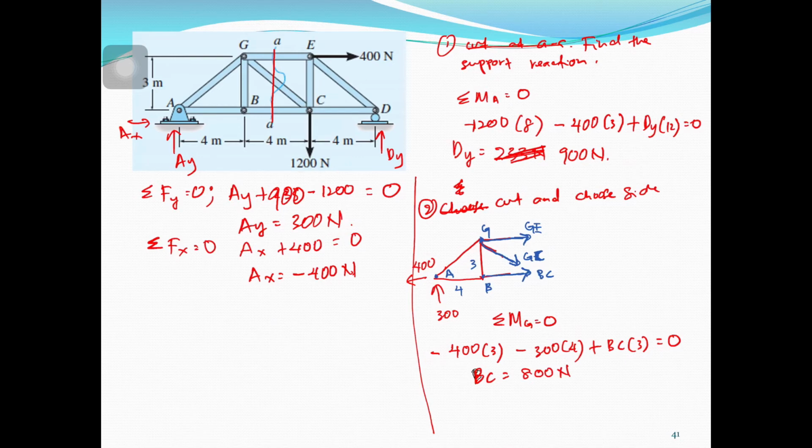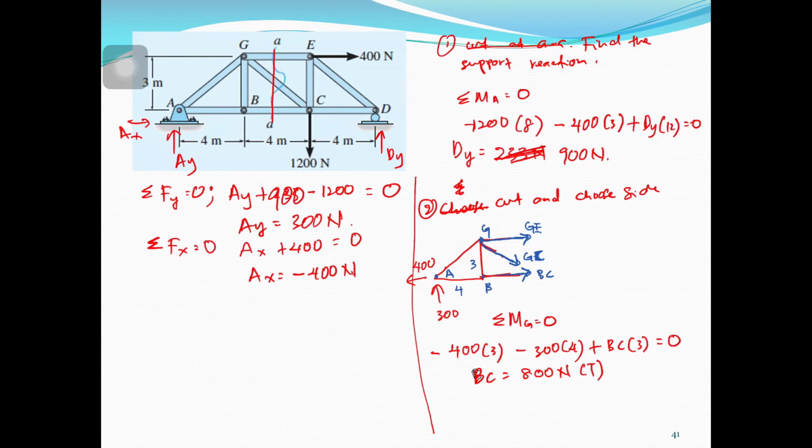FBC is 800. Is it tension or compression? It is going to pull the joint, so it is tension.